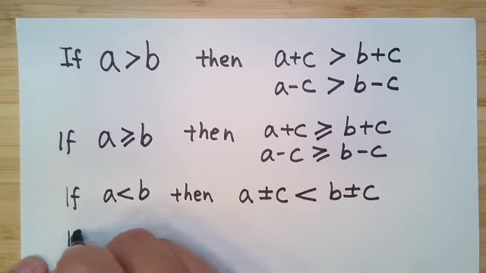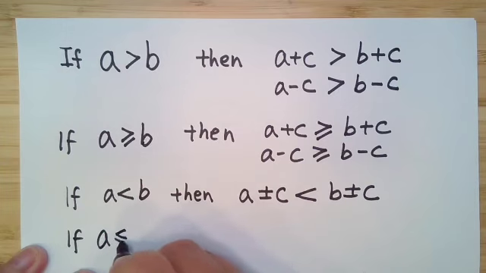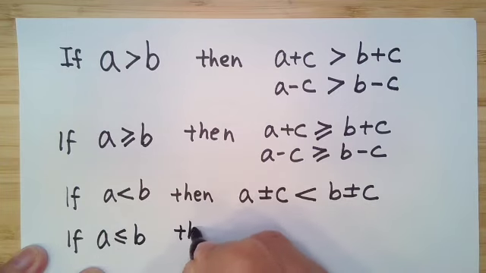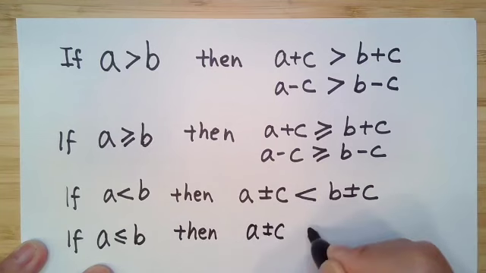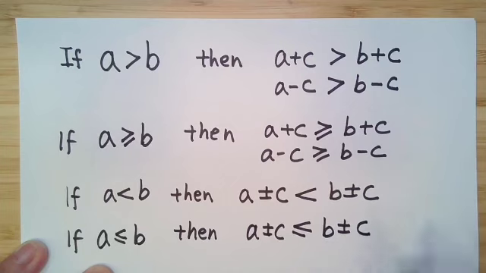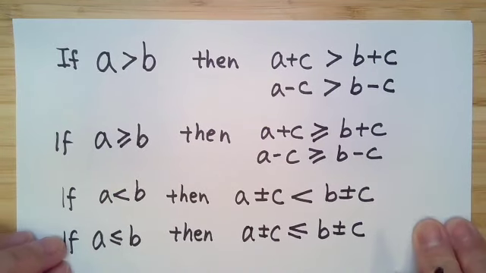And of course, if A is less than or equal to B, then A plus or minus C will be less than or equal to B plus or minus C. This is very obvious, isn't it? But once we know this, we can solve a lot of inequalities.